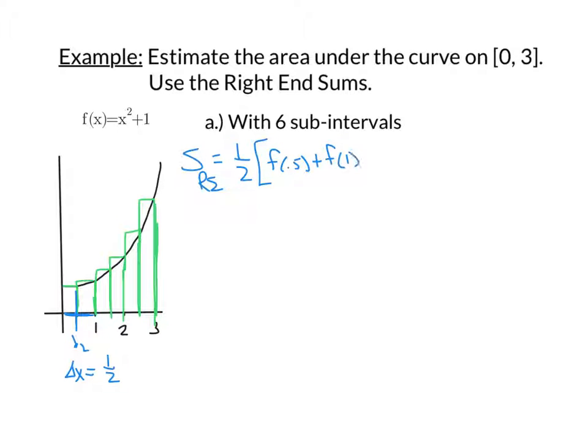And then I'll continue to 1, 1.5, 2, 2.5, and finish up at the right side of my last rectangle, and that is at 3. Now it's going to take some calculating to find all of these values. We do know some of them from the last problem, but all of these ones with the 0.5s in them, we're going to have to calculate.